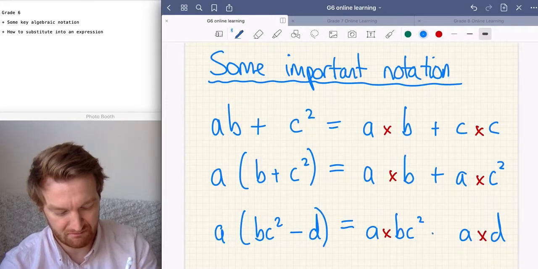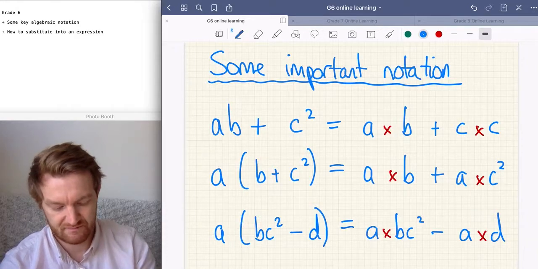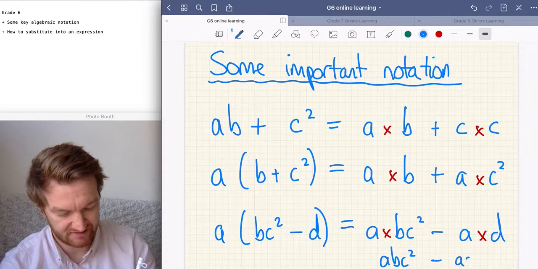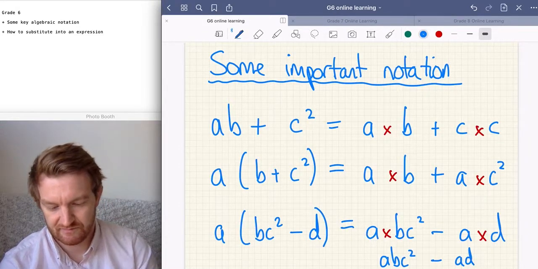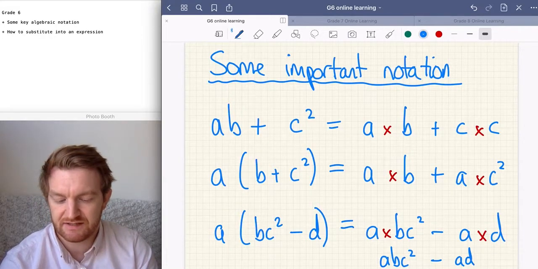Remember, this one is a minus. So that would give you AB squared, AC squared minus AB. So, that's recapping what we did during the course of last lesson.